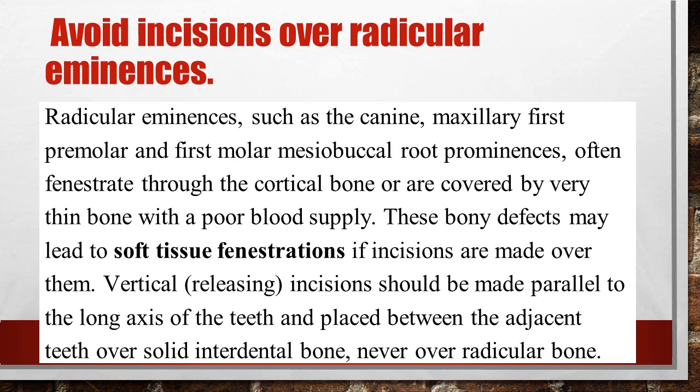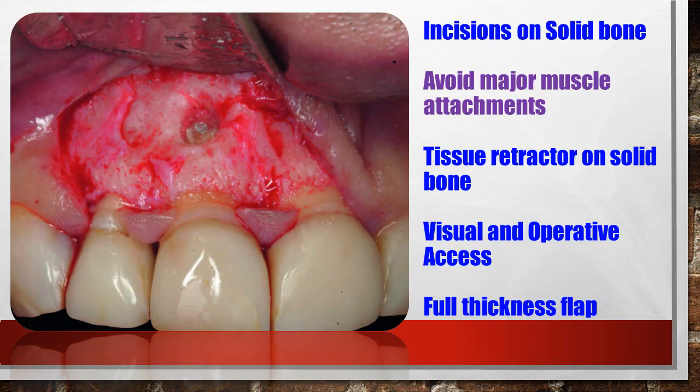In these areas, because of this defect, the blood supply is going to be very poor, because of which the healing is going to take a very long time. So there's going to be very poor healing. This is why you avoid giving the incisions over the radicular eminences. You just give it lateral to it, either mesial to it or distal.